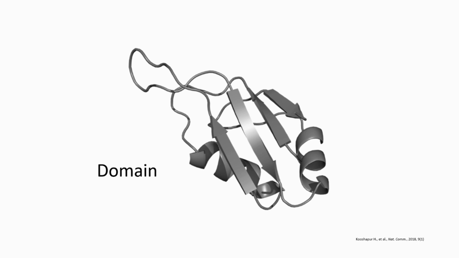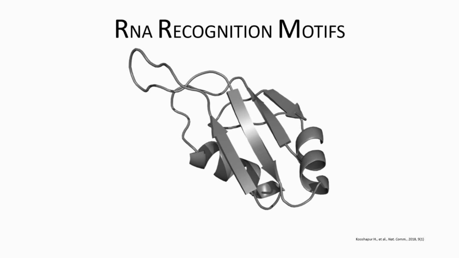Among these different domains, the one we are interested in and I will talk about is what we call RNA recognition motifs. This is a subset of a bigger family of RNA binding domains that, as the name suggests, have the function of binding and recognizing RNA.